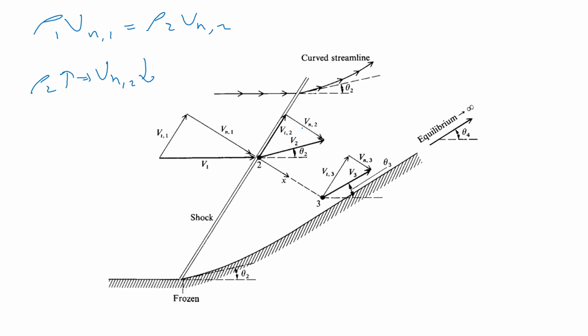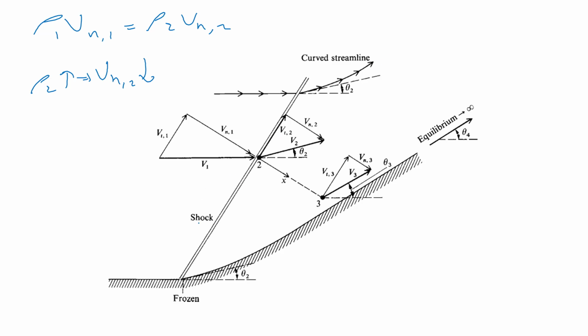If you see this figure, this Vt2 will be the same everywhere, but this Vn2 is decreasing. If Vn2 is decreasing, then this angle theta 2 will increase. So as we are moving away from the shock, theta 2 is increasing, and the streamline will be a curved streamline.